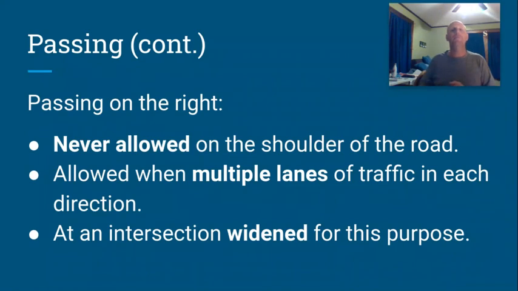That's okay. And also at an intersection widened for this purpose. Sometimes there'll be an intersection and they'll widen it out so that if there's a slower car on the left that's maybe turning left and you're going straight or turning right, the intersection's been widened so you can get around them. Those are some examples of times when you can pass on the right.